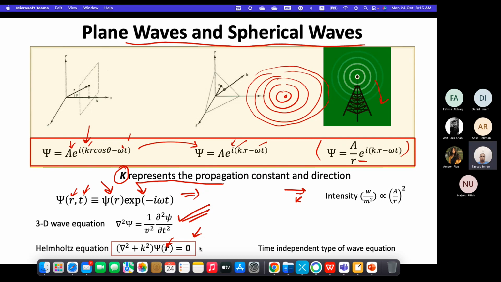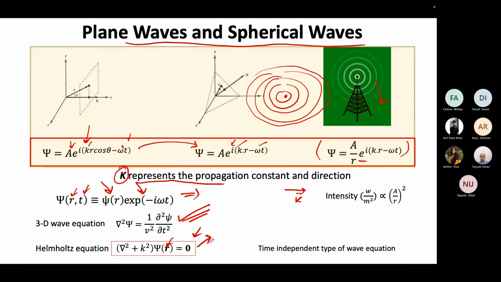So this one, which I already mentioned when I was trying to explain this Helmholtz equation. This Helmholtz equation basically, there is no time dependency here. ठीक है, तो ये time independent equation है, Helmholtz equation.